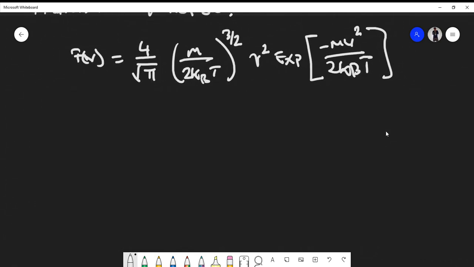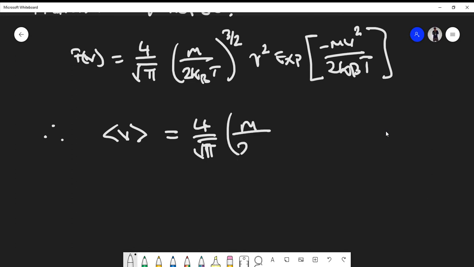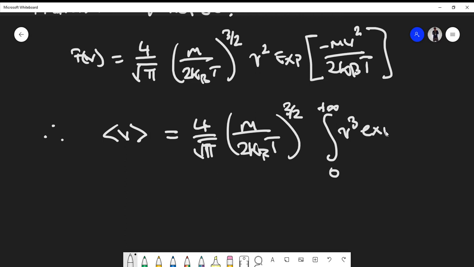So then if we break this down further, we can say that the average of V is equal to all these constants, 4 over the square root of pi, times m over 2kbT raised to the 3/2 power. And we factor that out of the integral from 0 to positive infinity of v cubed times the exponential.